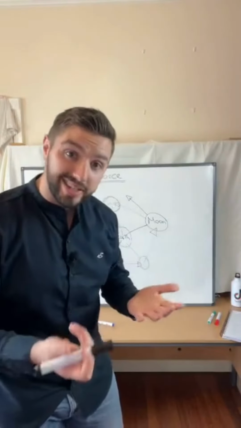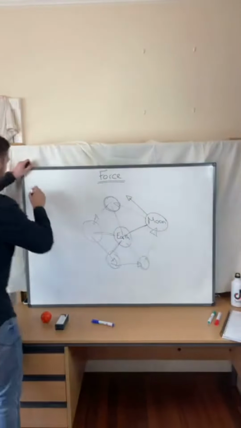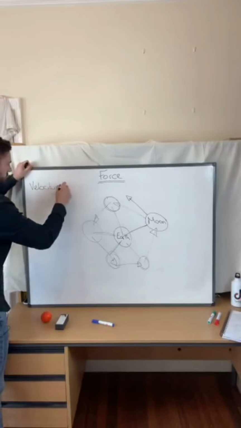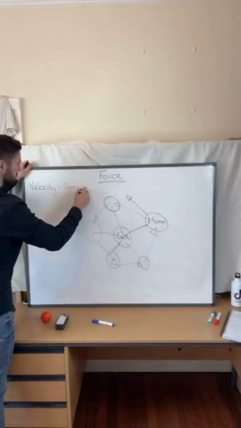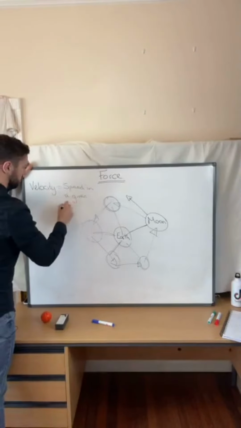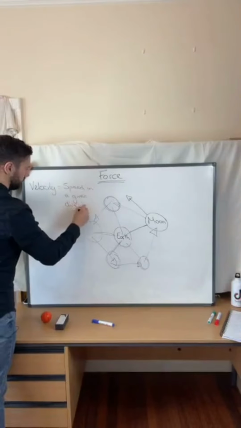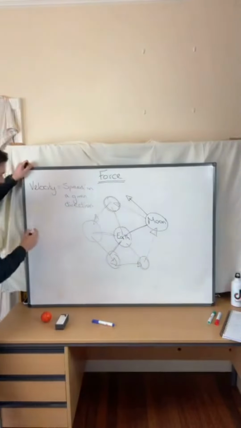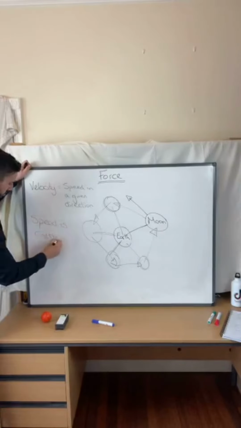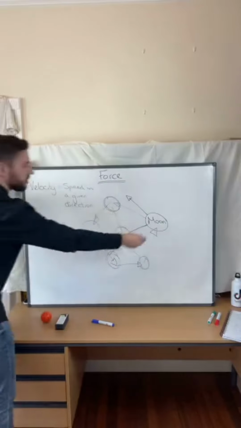Remember, we were saying velocity is speed in a given direction. So its speed is going to be constant. So the moon is going to have that same speed.